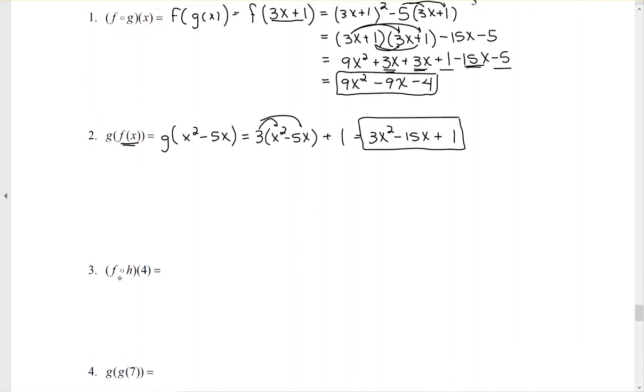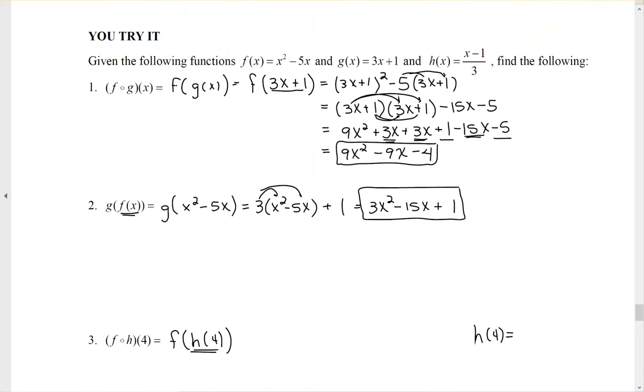For the next one, f of h of 4. Still work with what's inside, but this time I need to know what's h of 4. So I go back to what was h of x, and off to the side I'm going to figure out what h of 4 was.